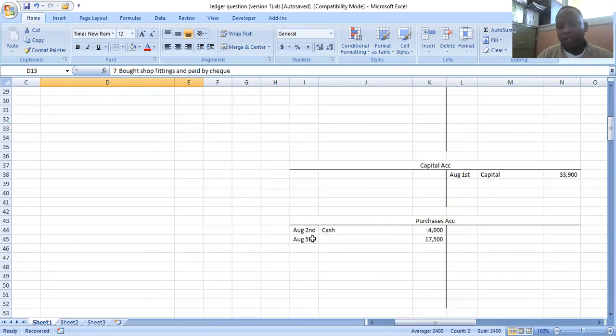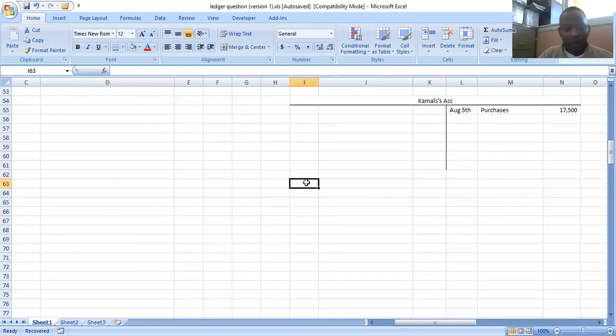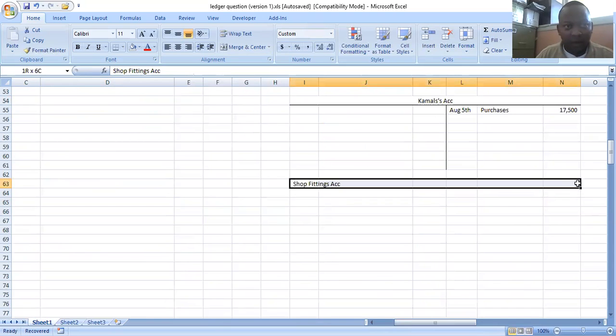You don't have a shop fittings account as yet, so we open one. So you open the shop fittings account, since you don't have one as yet.